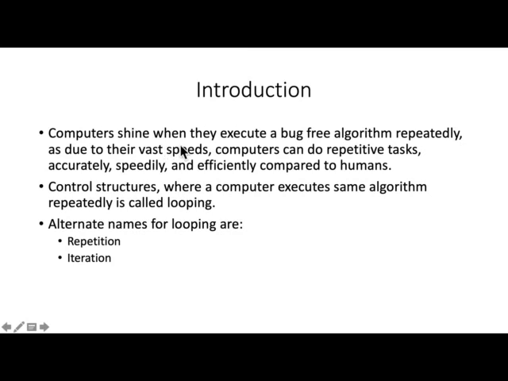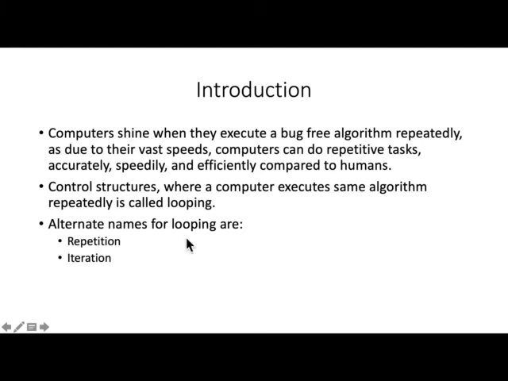Computers shine when they execute a bug-free algorithm repeatedly, as due to their vast speeds, computers can do repetitive tasks accurately, speedily, and efficiently compared to humans. And the control structure where a computer executes the same algorithm repeatedly is called looping.